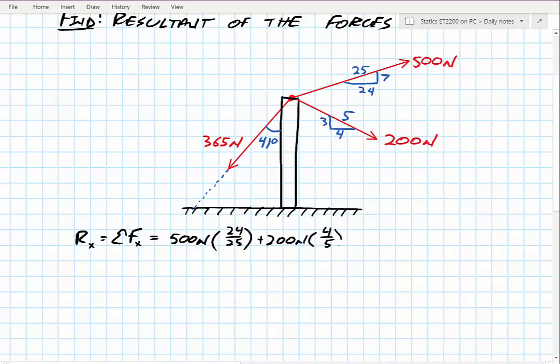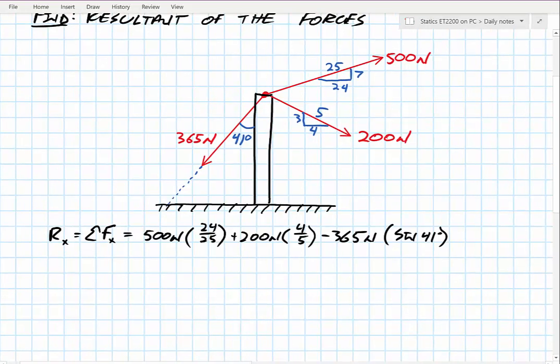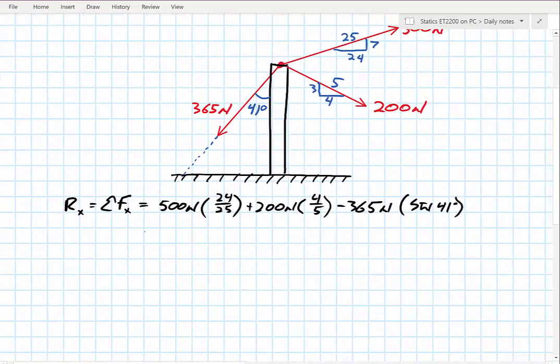Its component in the x direction is 4/5, minus this 365 newtons because it is in the negative direction. And in this case, it would be the sine of 41 degrees. And if I punch all this into my calculator, what I end up with is my resultant in the x is 400.54 newtons.